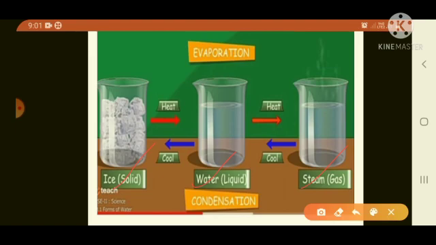See here children in arrow mark, red arrow mark. Ice is heated, is converted into liquid state, water. Next, steam. Steam means gaseous state. Again, blue color arrow mark, cool. This is evaporation and this is condensation.